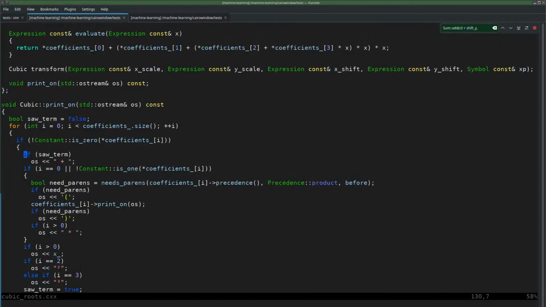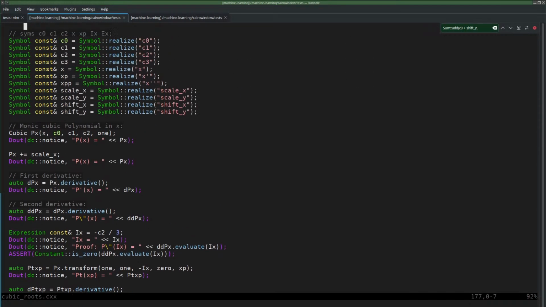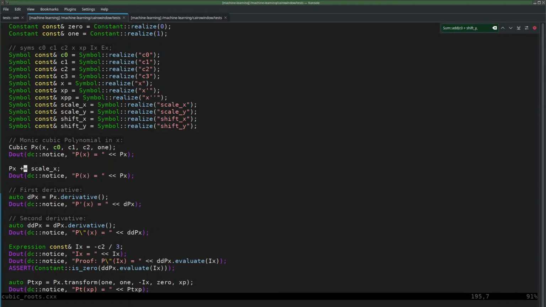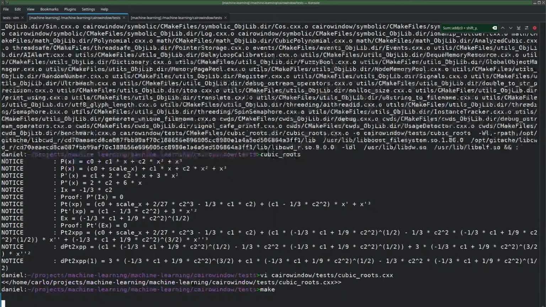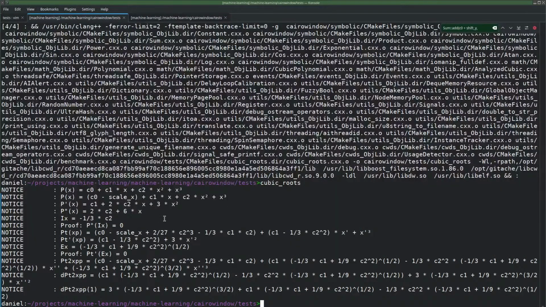Let's try the other ones as well. For example, instead of adding something, we can subtract it, of course. That shouldn't be. It should not fail. Like, I mean, come on. Okay, then I subtracted it.